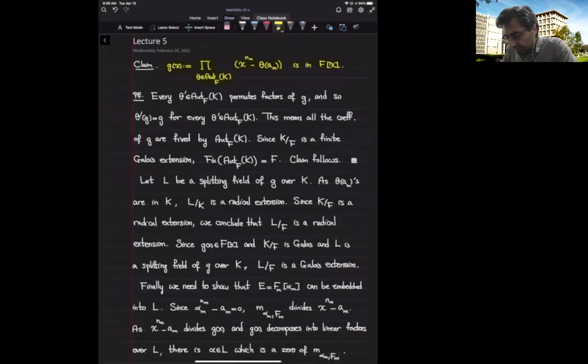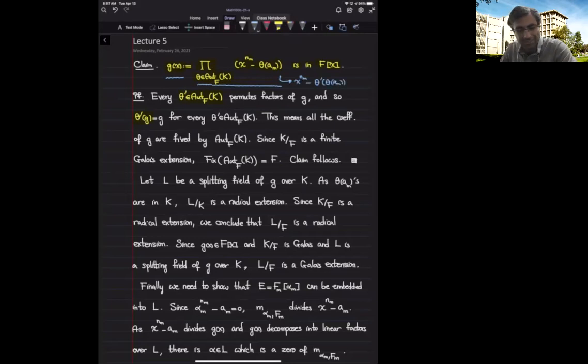For every F automorphism of K, I can apply this F automorphism to this polynomial G. Because it's an automorphism, I can extend it and view it as an automorphism of the ring of polynomials K bracket x. Then I apply it to this product. When I apply this to this product, the x to the power n sub m part doesn't change, minus theta prime of theta of a sub m.